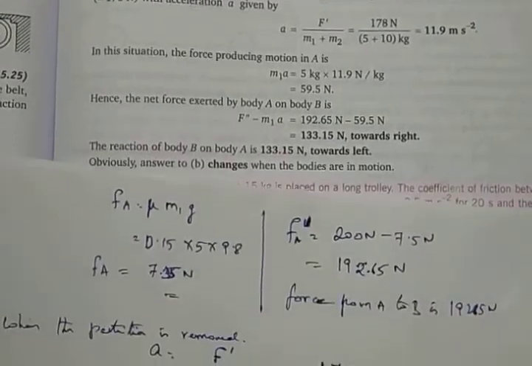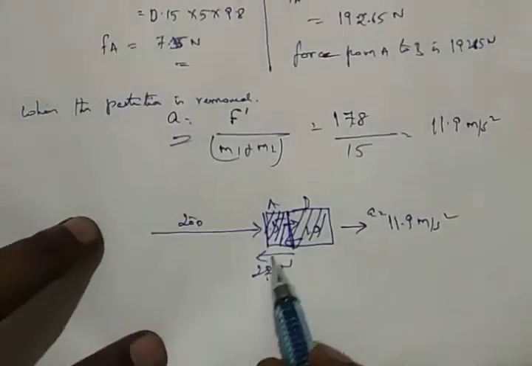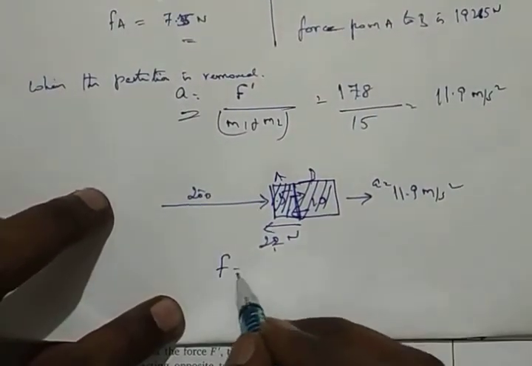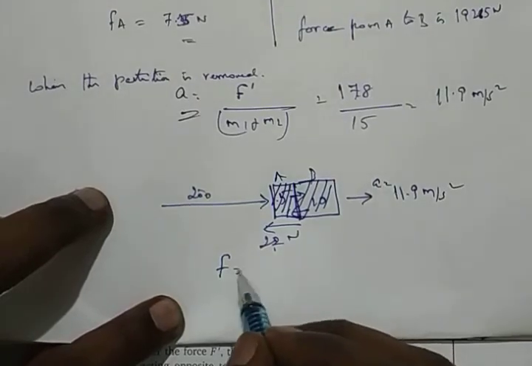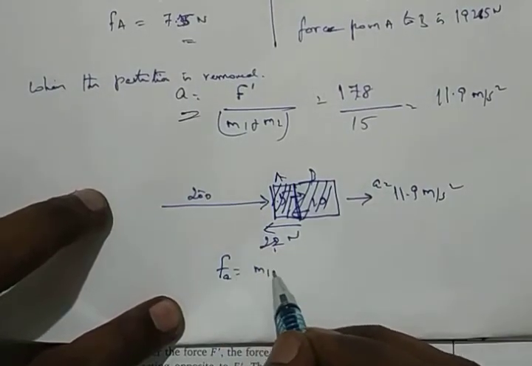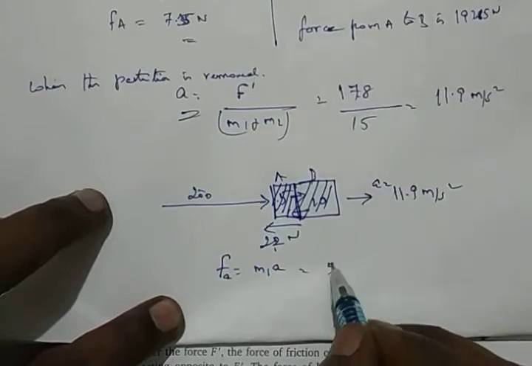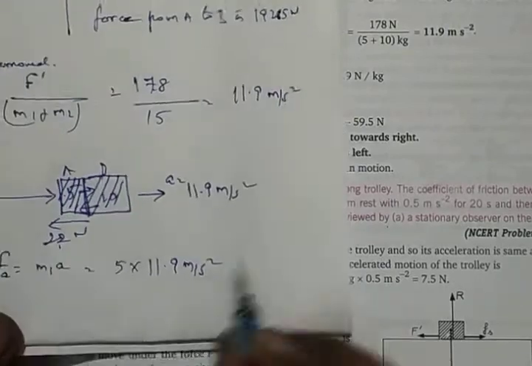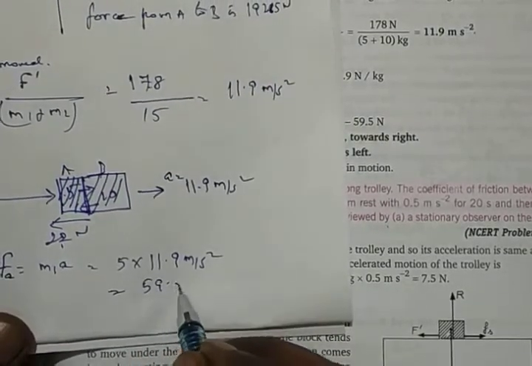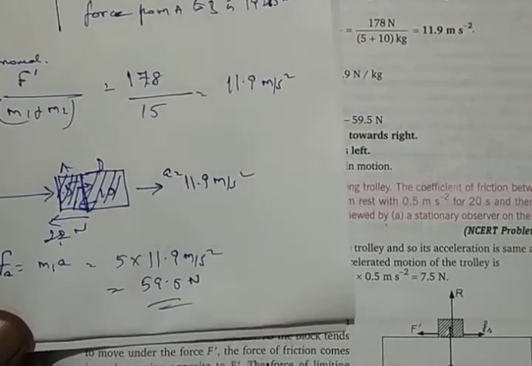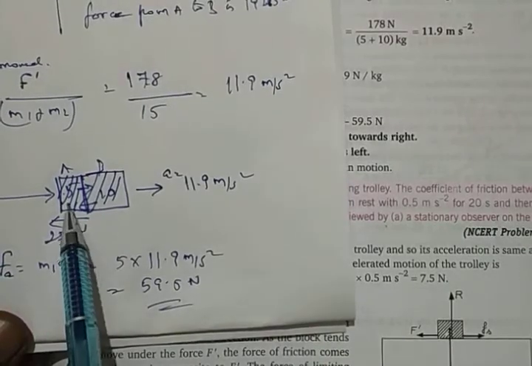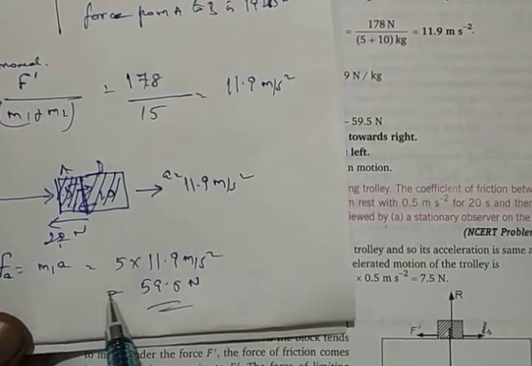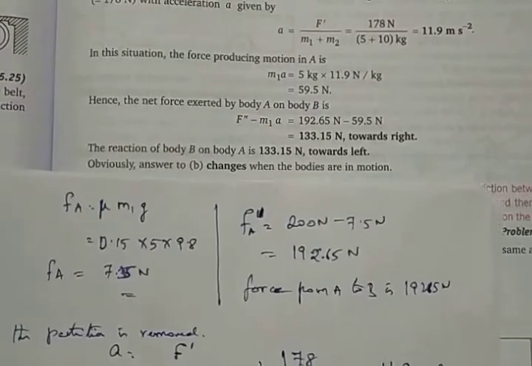So what is the force of A? FA is going to be equal to M1 into a. It is 5 into 11.9 meter per second square. So 5 into 11.9 is 59.5 newtons. That is the force which this body is having.